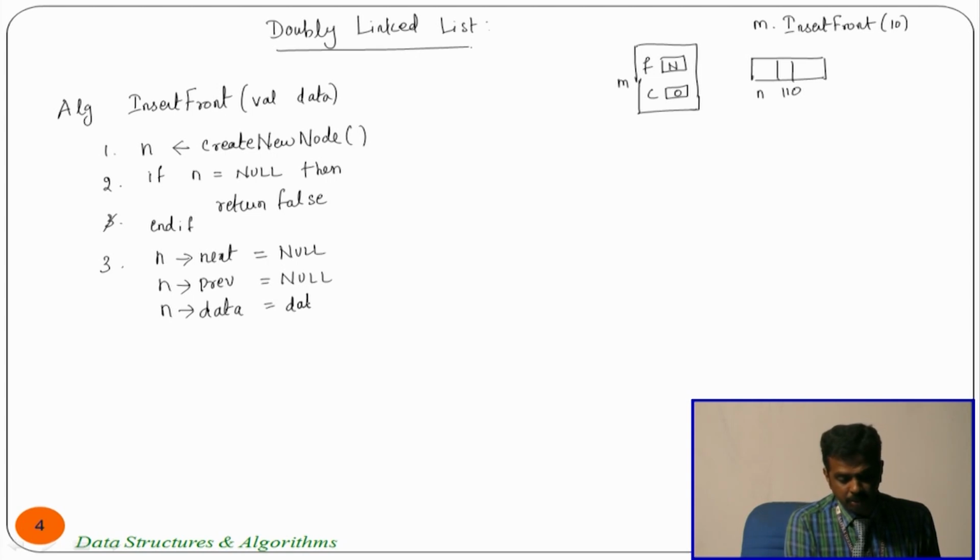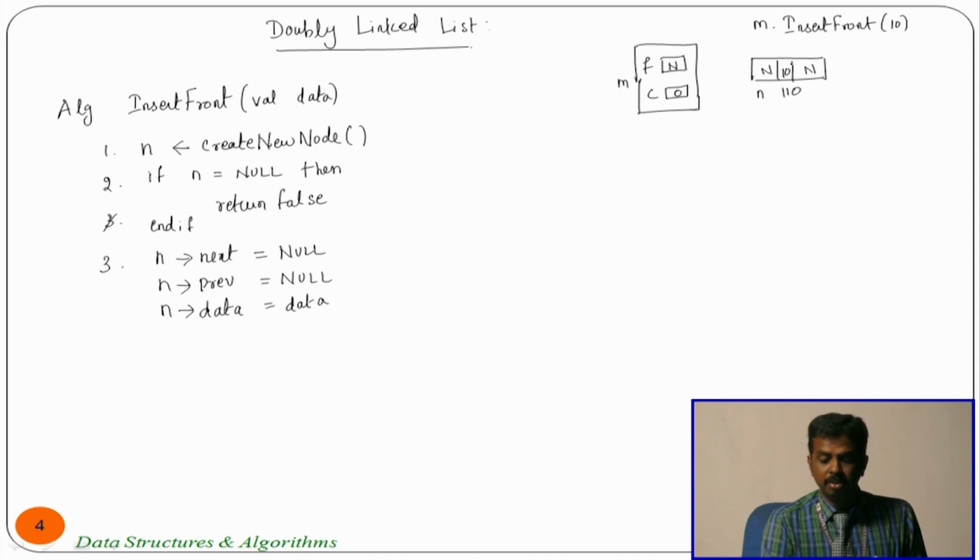So this will be filled with null, this will be filled with null, and the data field will be filled with 10. So now I have to link this with the existing list. If the existing list is empty, no need to write complex code. I just have to make first point to the newly created node. That's all. No need to change any extra information.